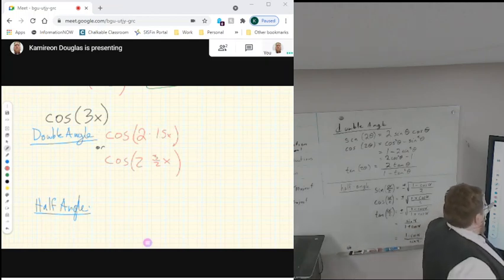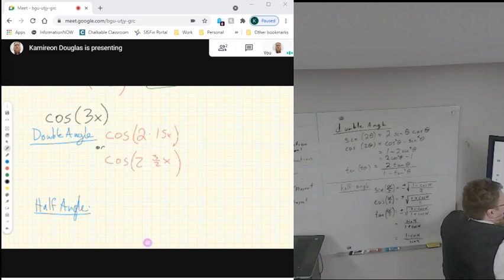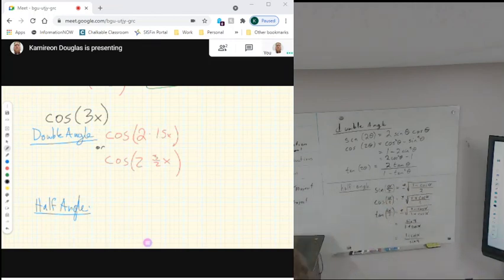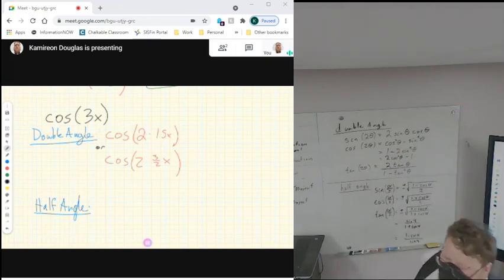So let's do this. We've gotten our function to be written as a double angle. So again, the angle itself was cut in half because it's writing it as an angle that is being doubled. 2 times 1.5 does get me back to 3x. So 1.5 is the doubled angle. I plug it in. So again, in general, use the first one unless it specifically says write it in terms of sine, or it specifically says write it in terms of cosine.